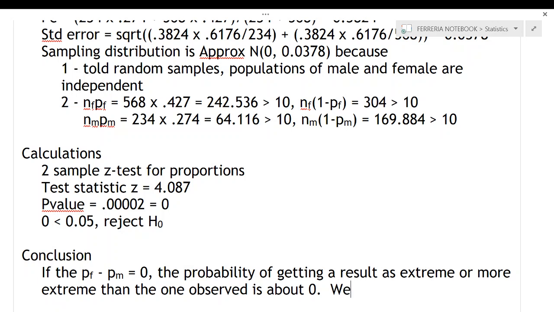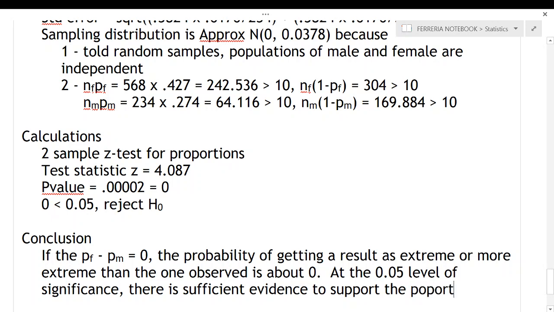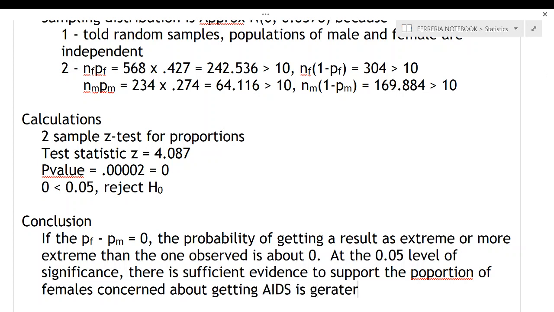So at the 0.05 level of significance, there is sufficient evidence to support the claim that the proportion of females concerned about getting AIDS is greater than the proportion of males.